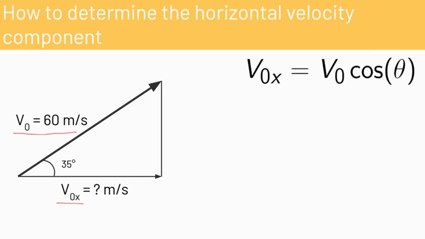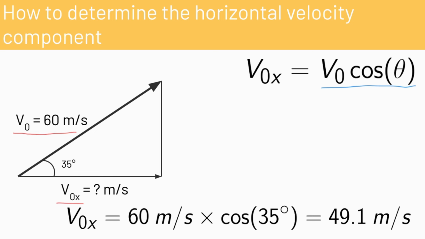So our formula for the x component of our velocity vector is going to be v naught times cosine theta. And if we look at it all together, we see 60 meters per second times cosine of 35 is equal to 49.1 meters per second. So our v naught x, or our horizontal velocity component, is equal to 49.1 meters per second.